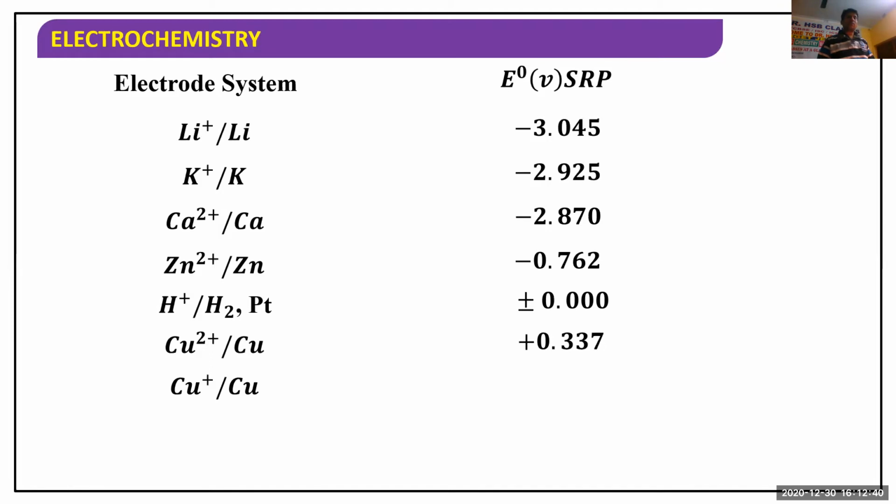Copper plus to copper will be plus 0.52. Ag plus to Ag will be 0.8.